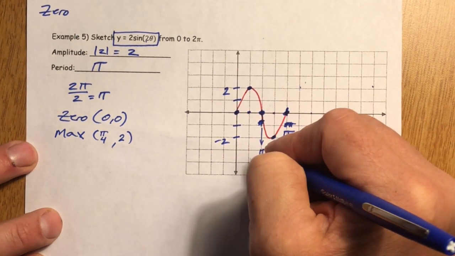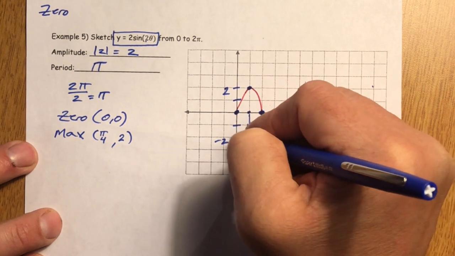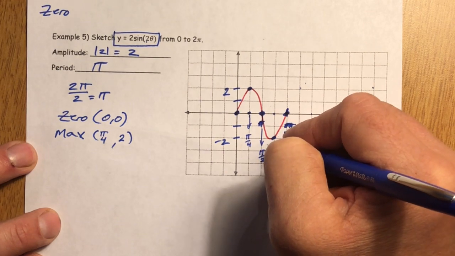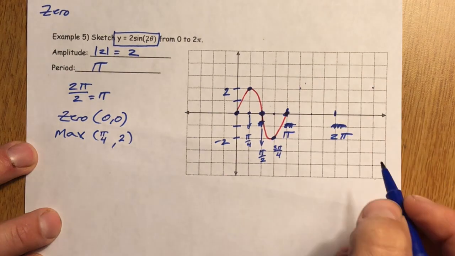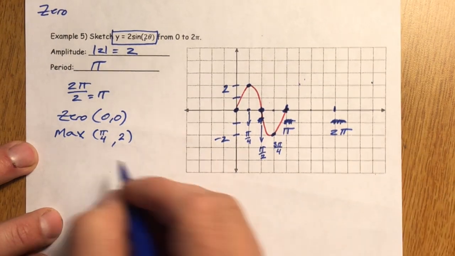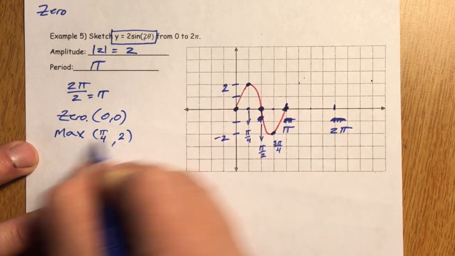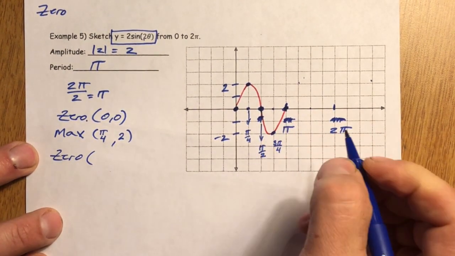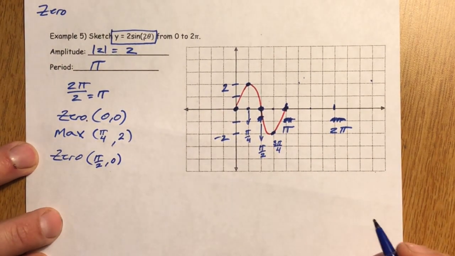So this is pi over 2. This coordinate is pi over 4. This coordinate right here is 3 pi over 4, and then pi. All right? So then I go from my 0 here to my maximum, back to my 0, and that is at pi over 2 comma 0.